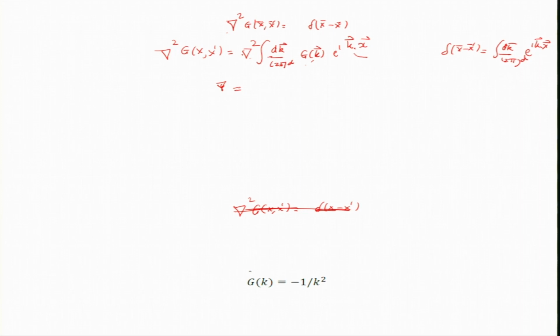So, i k dot i k is minus k squared. Please convince yourself of this; I cannot do all the algebra in this advanced course. So, this is nothing but the integral dk by (2 pi)^d g(k) times minus k squared. This is the left hand side.